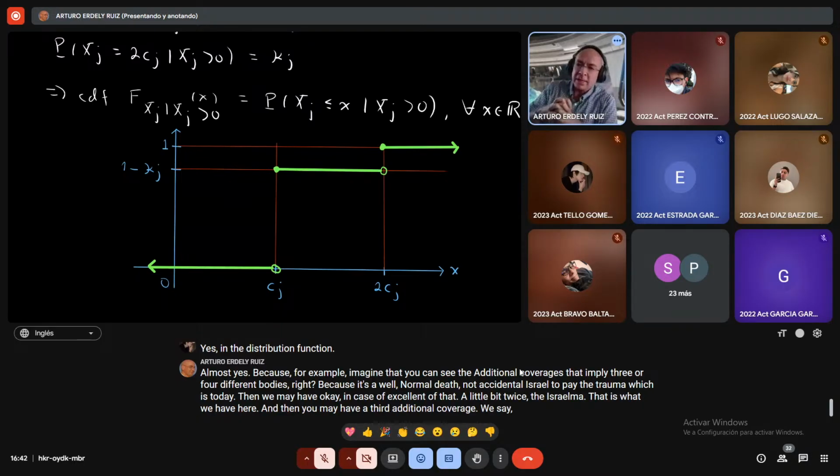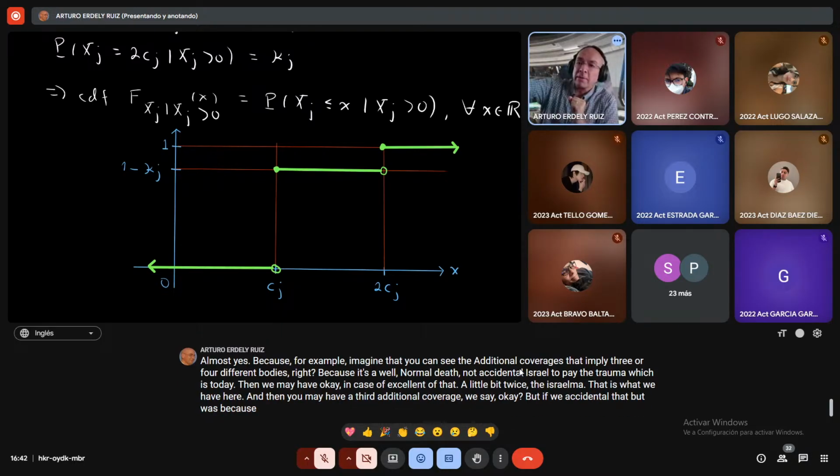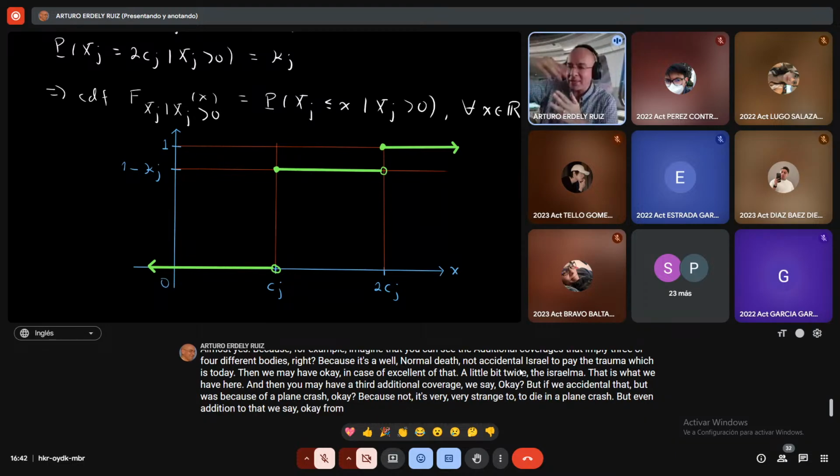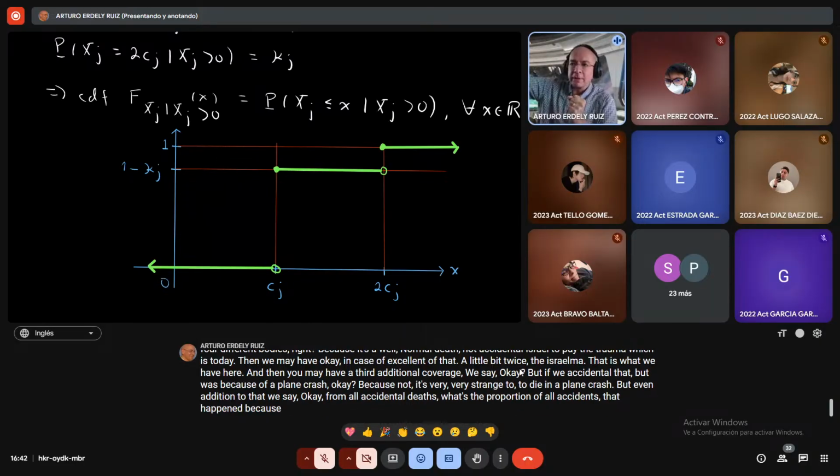If the accidental death was because of a plane crash, which is very, very strange, then from all accidental deaths, what's the proportion that happened because the plane the person was traveling on crashed, right?